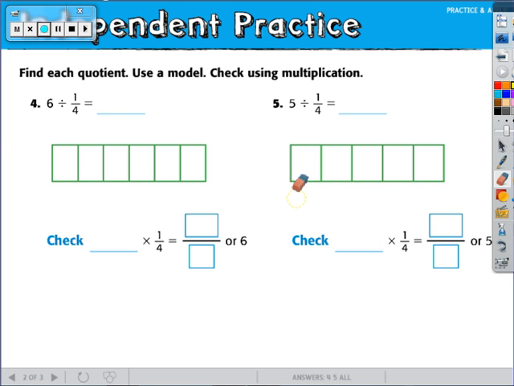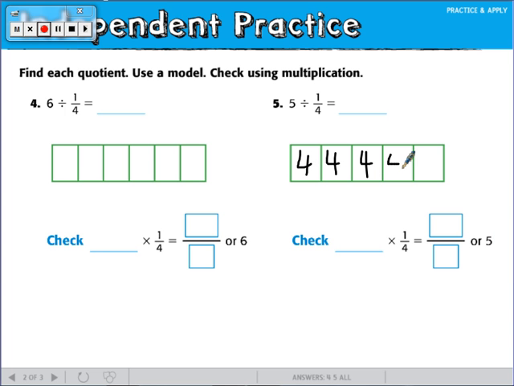How many pieces do I need to divide each one of my squares into? 4. 4 and 4 is 8, plus 4 is 12, plus 4 is 16, plus 4 is 20. 20 pieces.